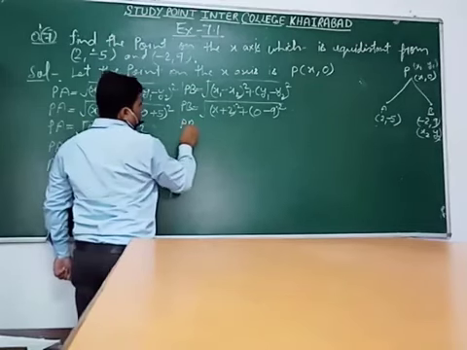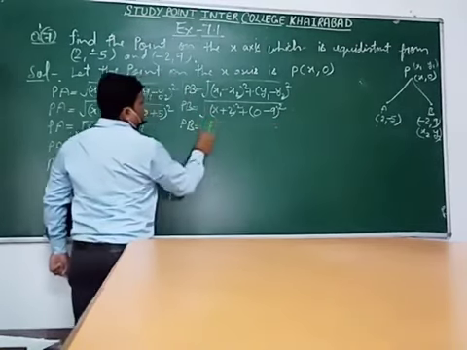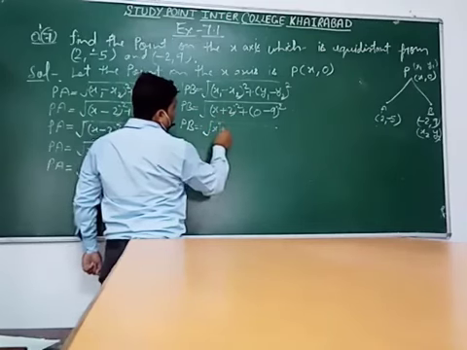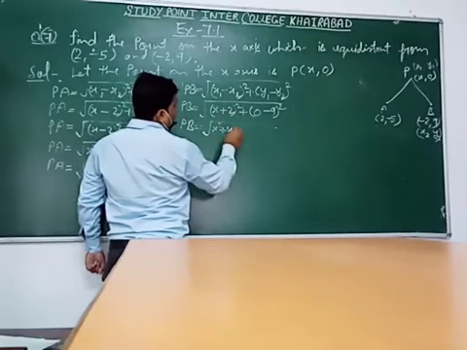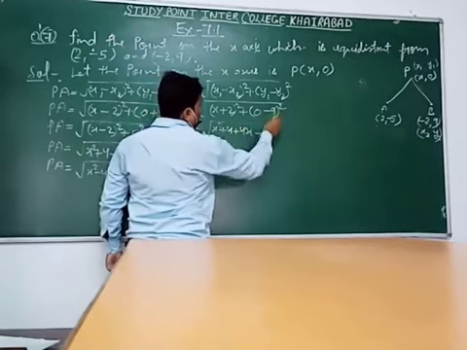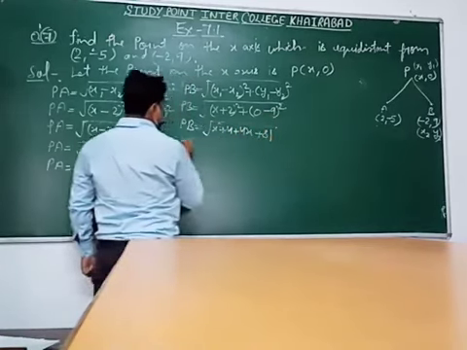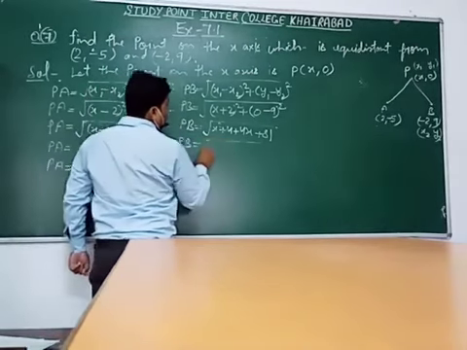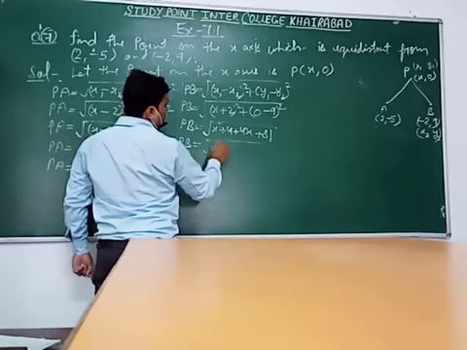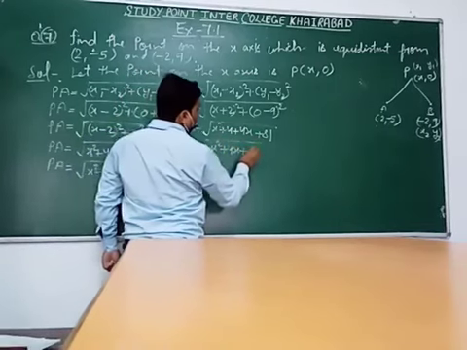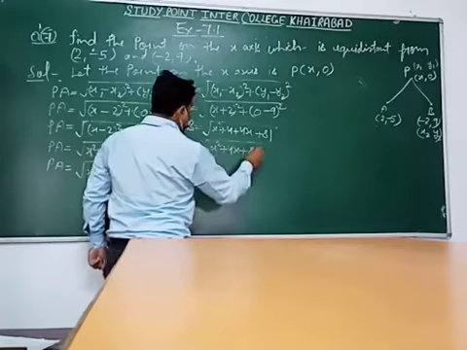PB equals under root (x plus 2) whole square, x square plus 4 plus 4x plus 9 square which is 81. So PB equals under root x square plus 4x plus 85.